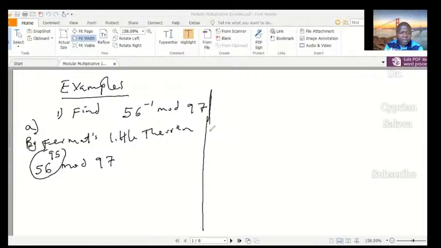We just form a table of squares, and we ask ourselves, what is 56 raised to 1 mod 97? It will be 56.